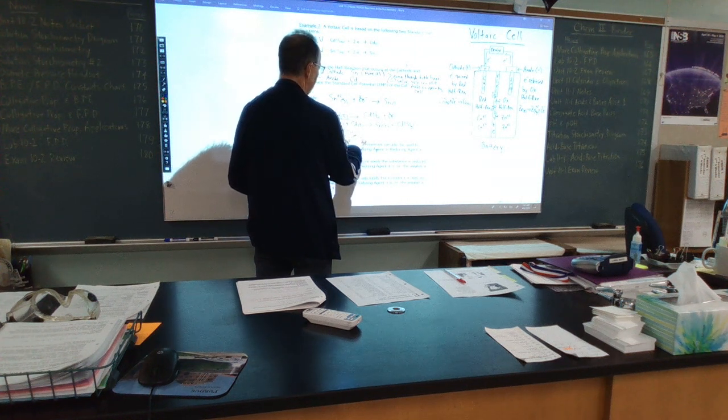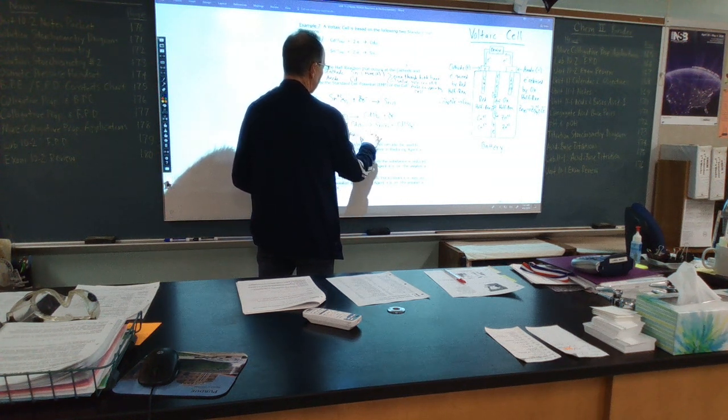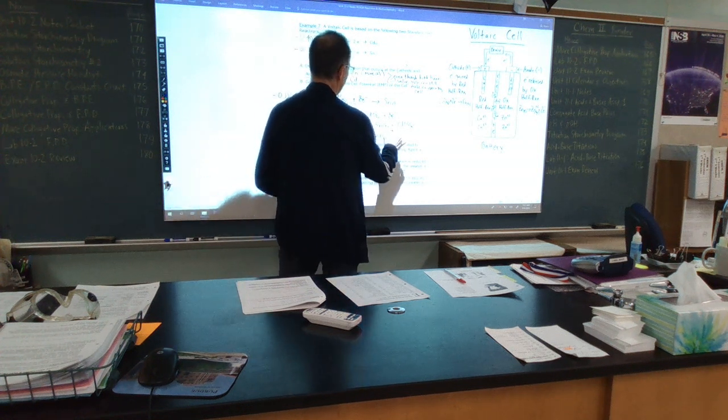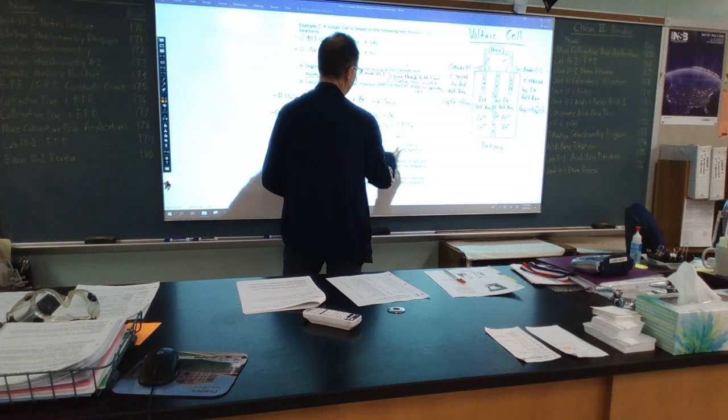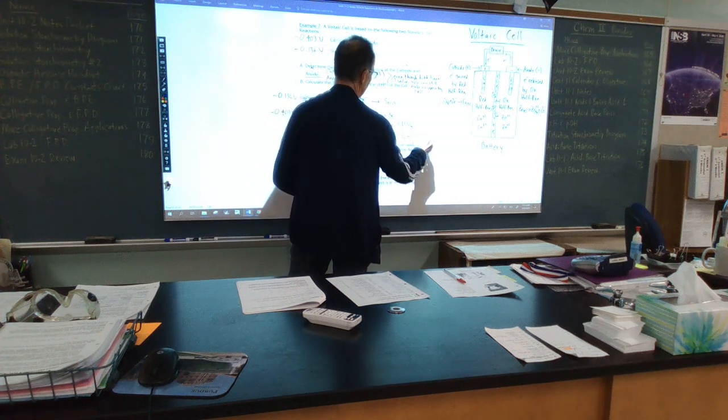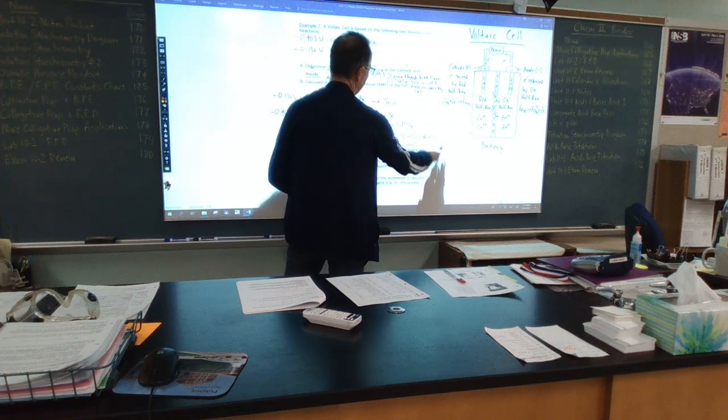which is E reduction cathode minus E reduction anode. So we have negative 0.136 minus negative 0.403.